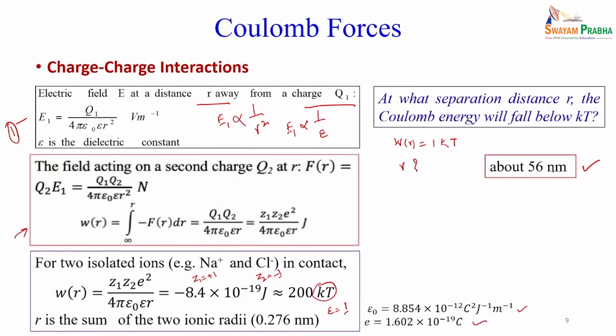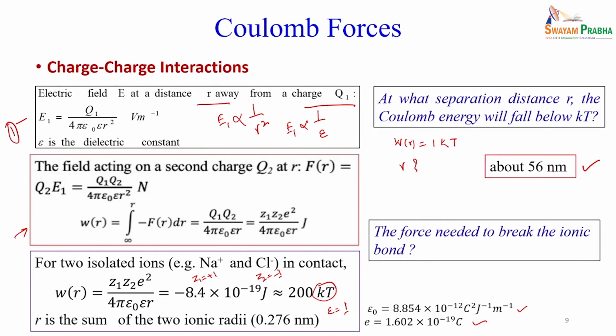So, it is a long range force, but at the same time, if it is interaction between two charged molecules, positive and negatively charged molecule, its strength or the potential is comparable to the covalent interaction. Now, one more thing we can calculate from this, if you want to break an ionic bond, how much force will be required to break the ionic bond.